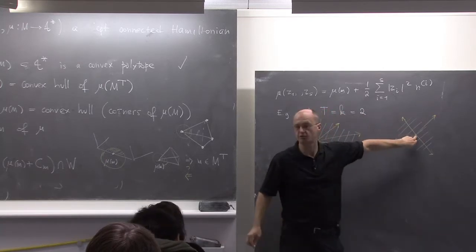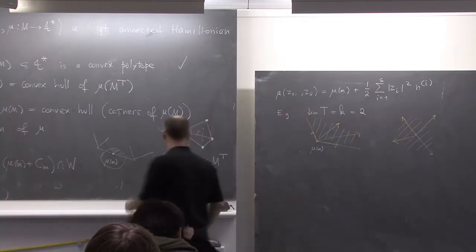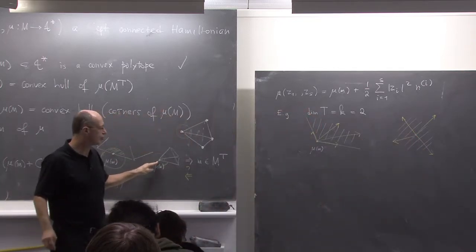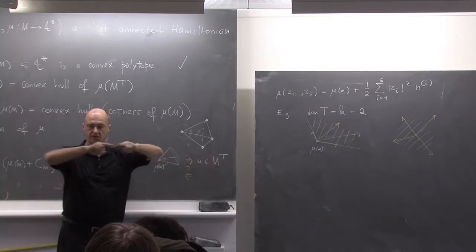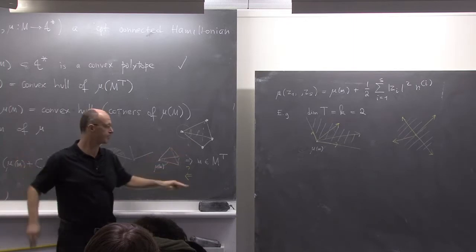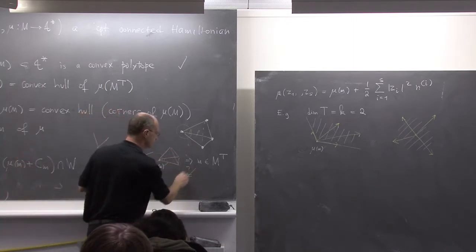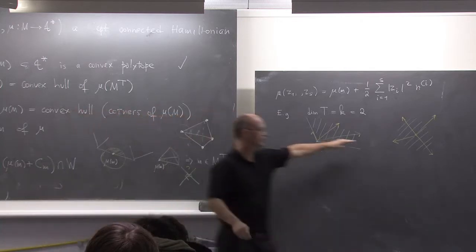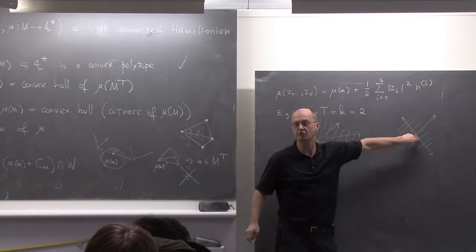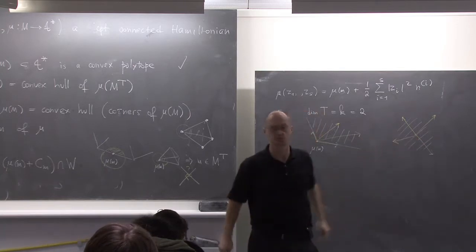So this means that this point is clearly not a corner. So in fact, to be a corner, you need to be a fixed point, because otherwise there will be those flat directions. But not the other way around. If you're a fixed point, it may very well be a point somewhere in the middle of the polytope. So there is no problem here.